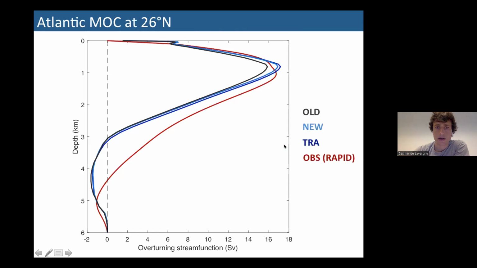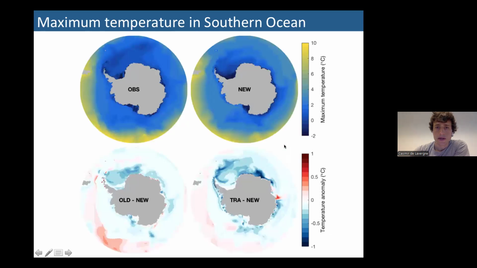So I'll skip this, but I can go over this in the discussion if you want, but I'm just going to highlight this result, which is that when you add subinertial internal tides, this is the maximum temperature in the vertical in the Southern Ocean.